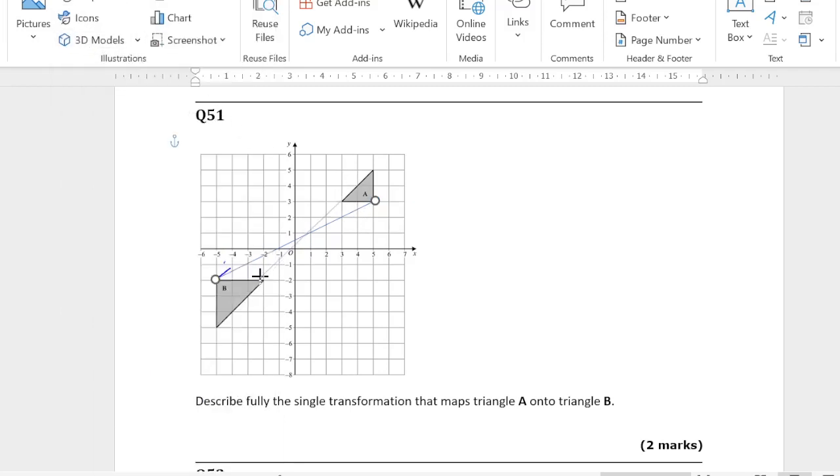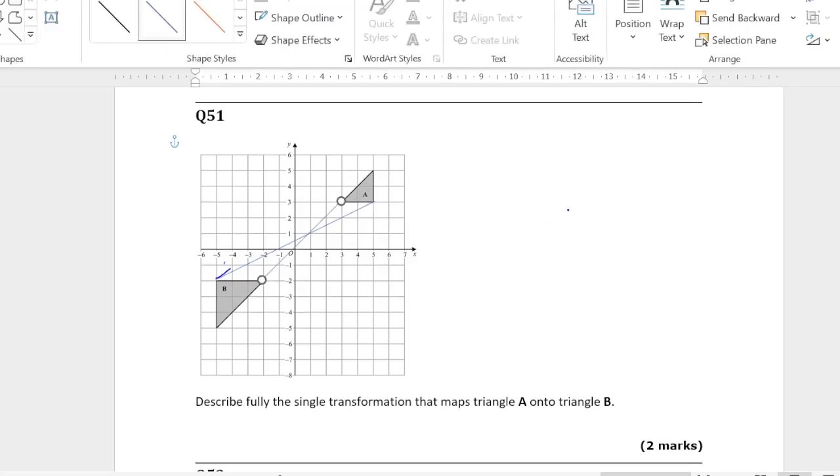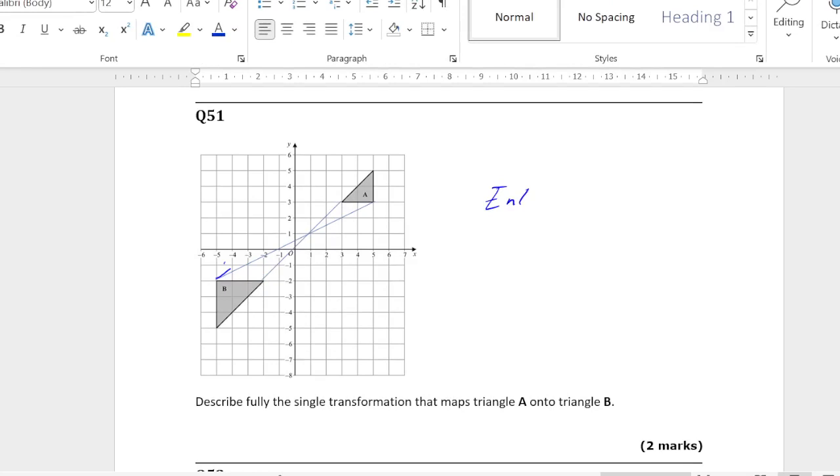So what I've done is I've joined up two similar points. Okay, so A onto B is going to be an enlargement scale factor of minus 1.5, and then about the point 1, 1.